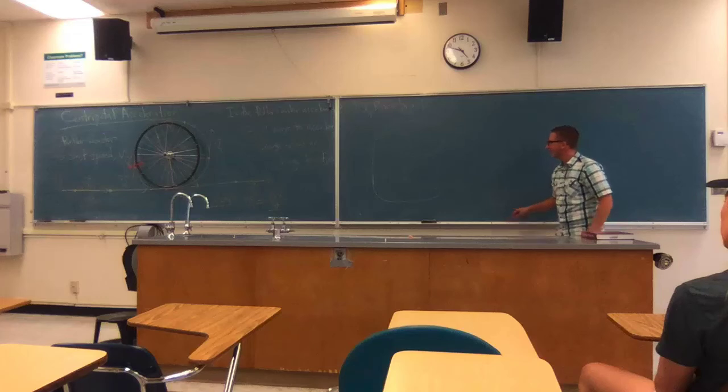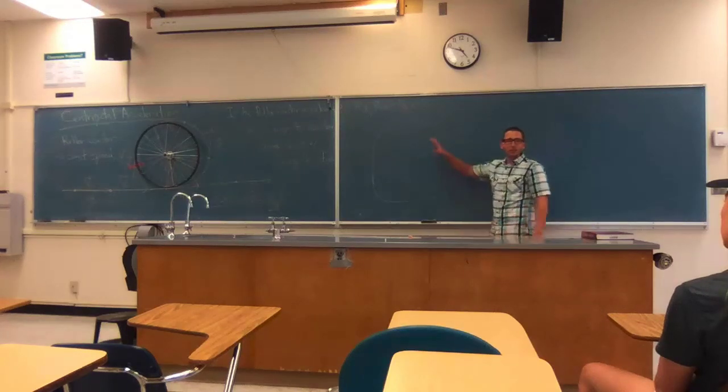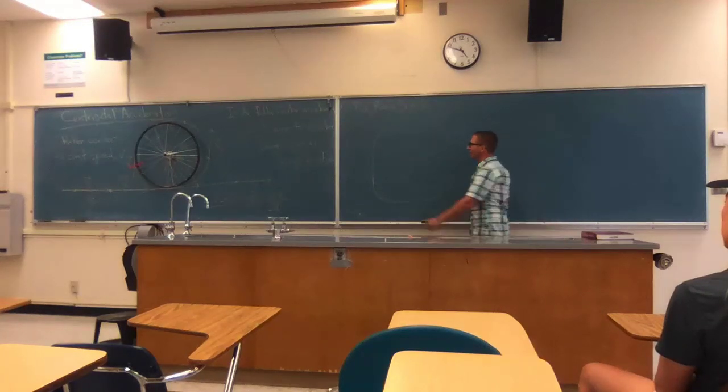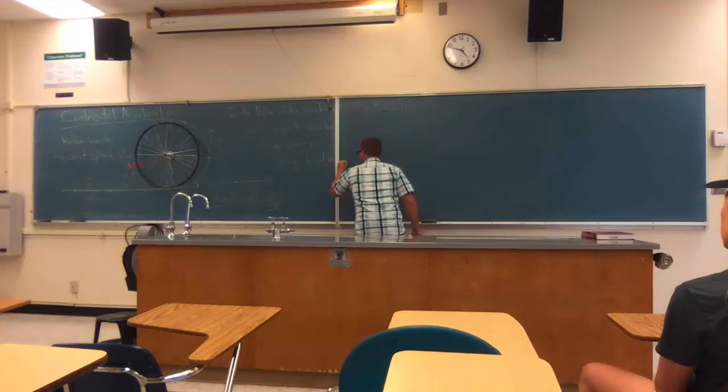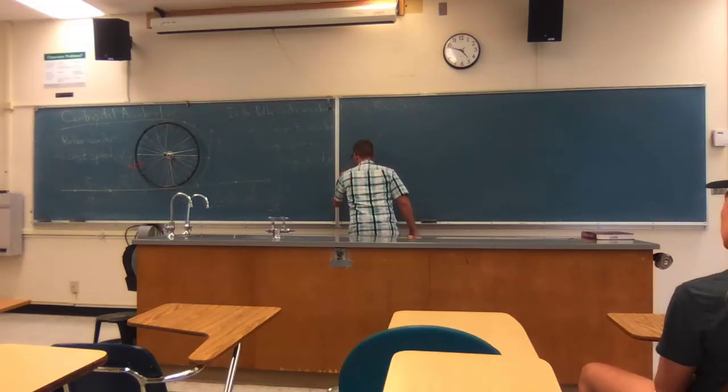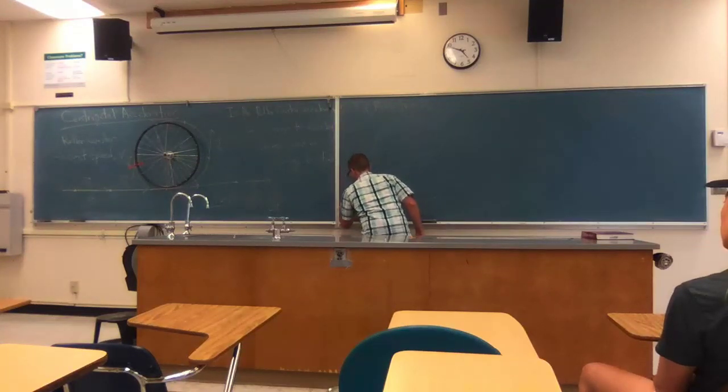Now I'm going to say that this is a top-down view. Let's say that the race car driver is starting here, starts from rest, and speeds up at constant rate.